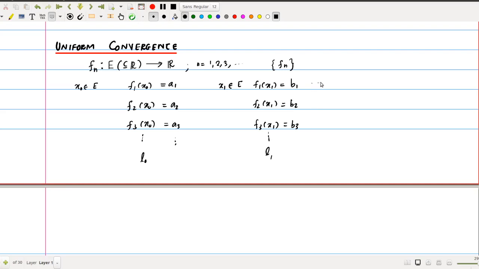Now we collect all the elements from E and construct such real sequences, and suppose that all those sequences are convergent.